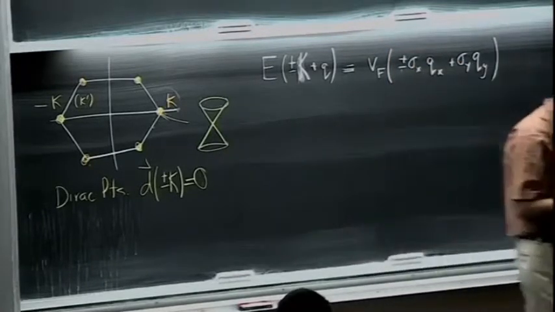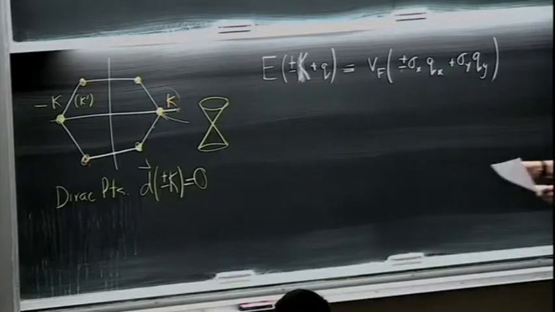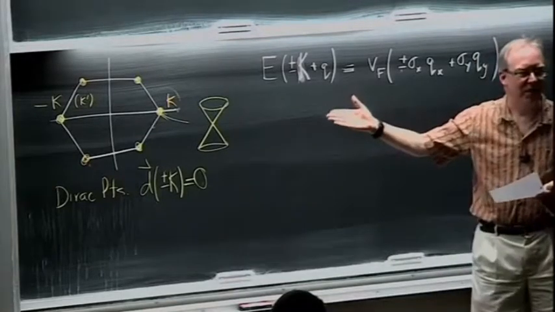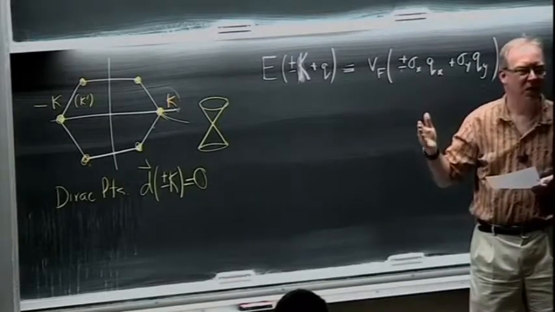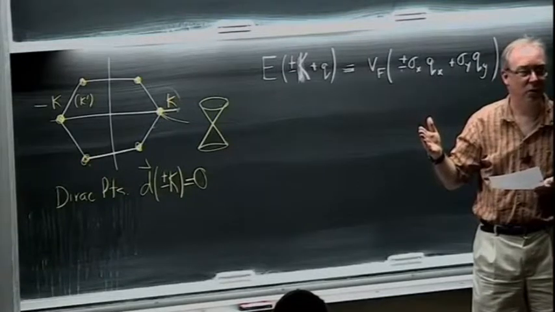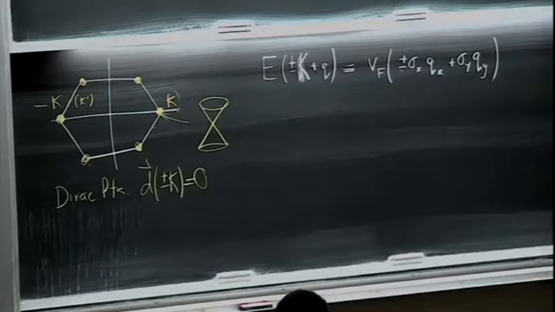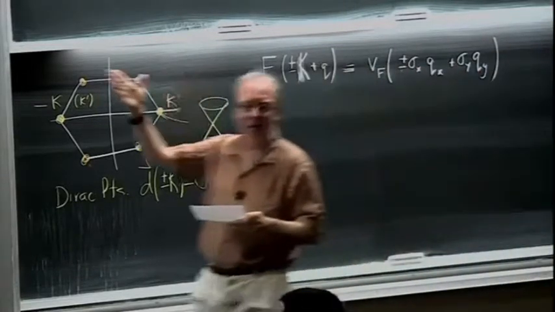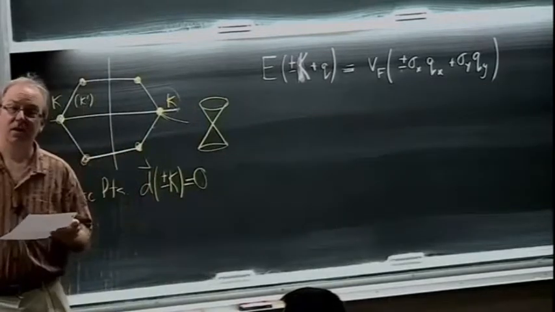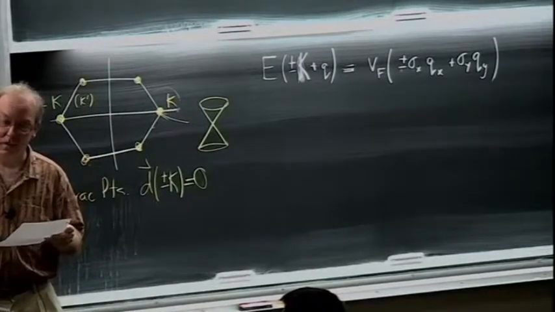Okay, so look, Dirac points, they're interesting. And Pablo has shown us that there are lots of interesting things that you can do with them. But as a model system, I like to think of Dirac points as being interesting because you can get rid of them in interesting ways. So what I want to think about is what you can do by lowering symmetries to get rid of the Dirac points, to open up an energy gap.